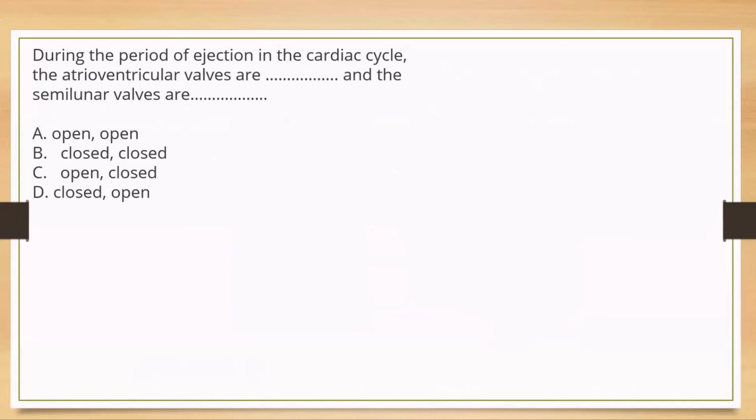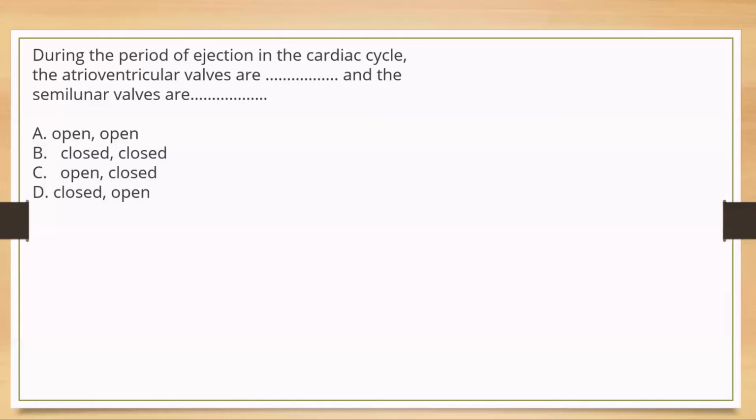It's good to understand that when the ventricles contract, that is ejection. The ventricle is contracting to push blood to the aorta, into systemic circulation. During ventricular contraction, as a result of ventricular depolarization, the pressure inside the ventricles will increase.